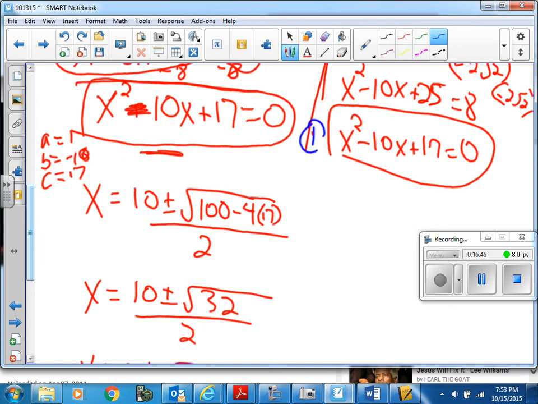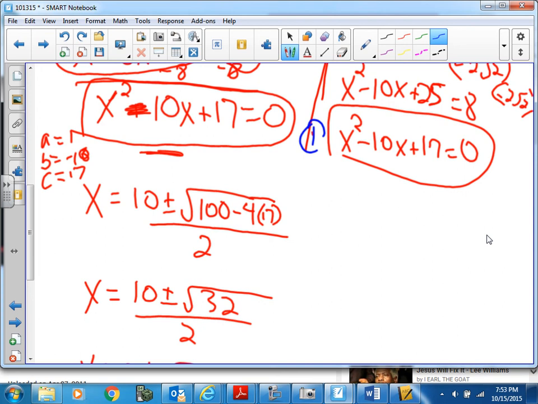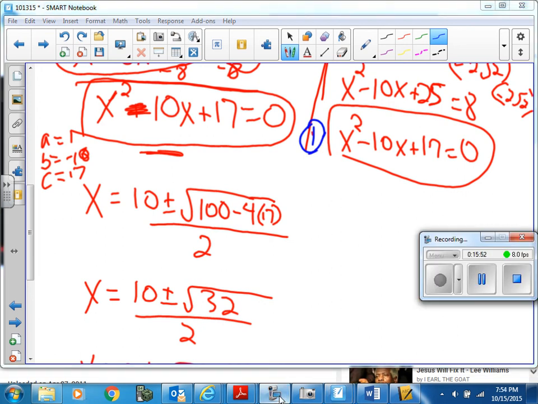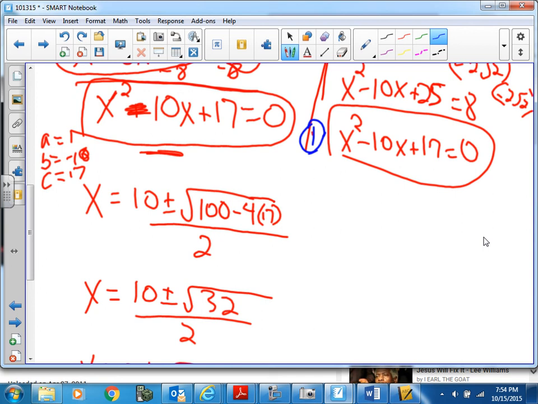Now, in order to get a second one, you need to multiply this by some value. It doesn't matter what you multiply by as long as you do it on both sides and you do everything. So I can multiply this by 1/2. I can multiply it by 5, by 100. Let's just multiply it by 2. That'd be nice and easy.